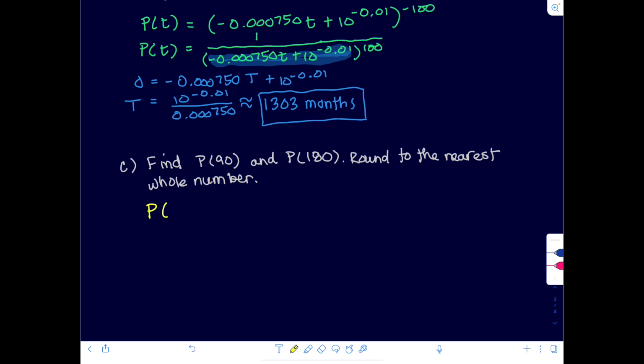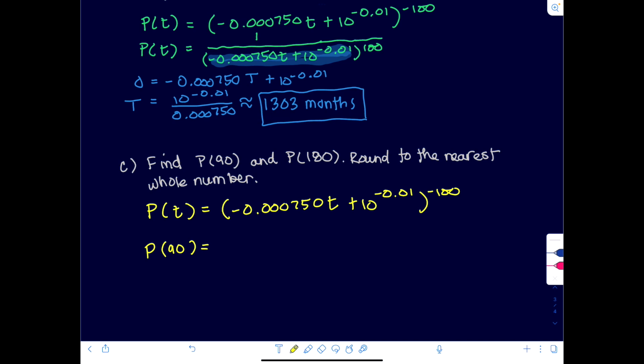So remember, our P at t is equal to negative 0.000750 times t plus 10 to the negative 0.01, all raised to the negative 100. And P at 90, we're going to be rounding it.